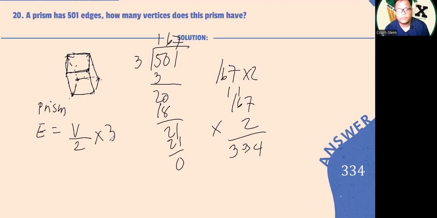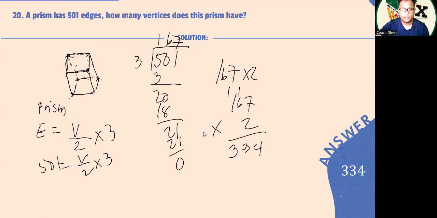Your edges is equal to your vertices divided by 2 times 3, for prisms. So you can just substitute here. If we use this formula, substitute 501. First divide by 3 on both sides, 167, and then multiply by 2, 334. So we would still arrive at the same answer.